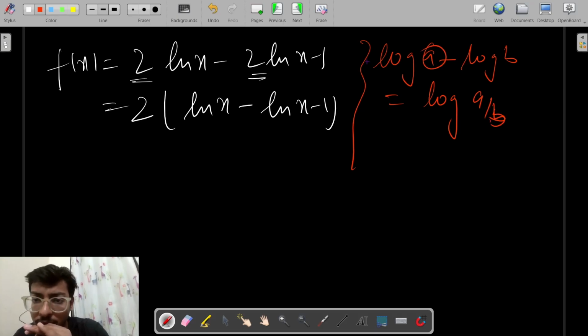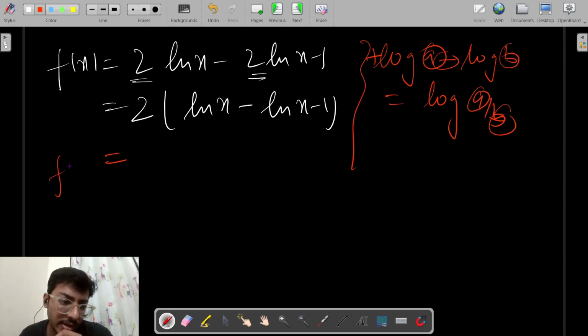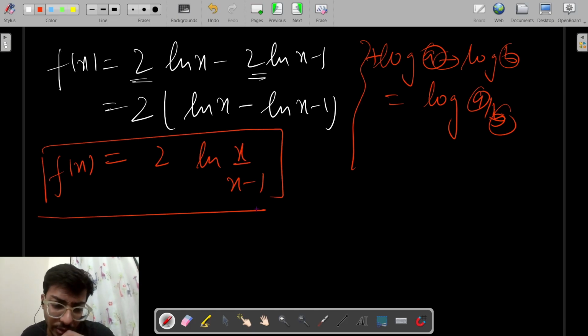That means the first, positive term will be your numerator, and the second, negative term will be your denominator. Similarly, we can write this f(x) as 2 ln(x upon x minus 1). Very good. This is the most simplified form that we can achieve.